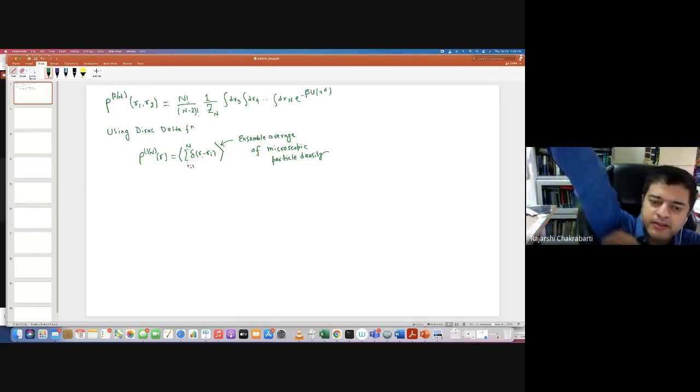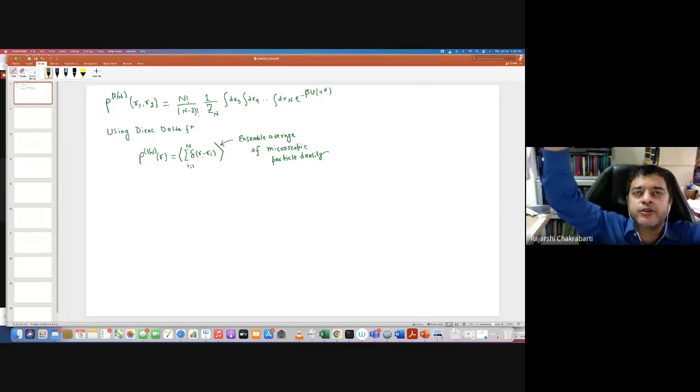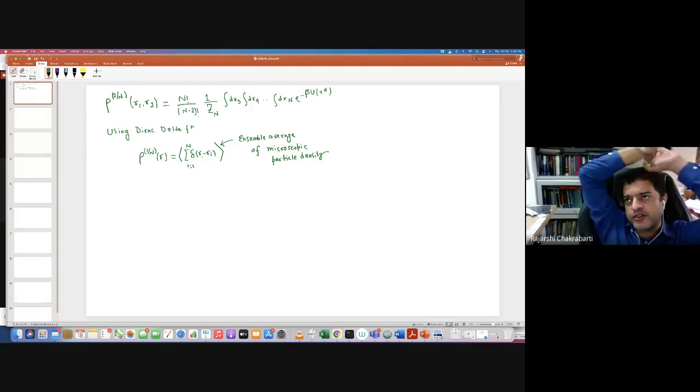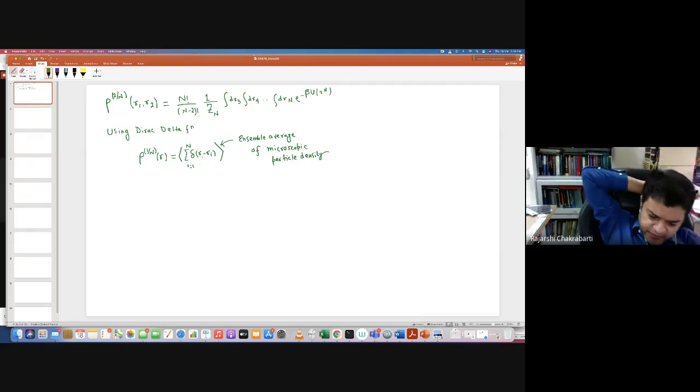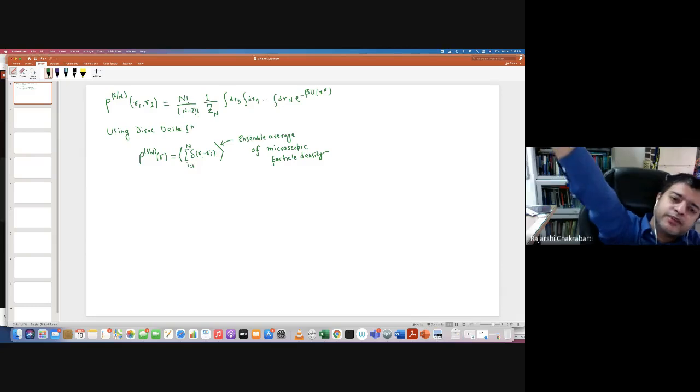I have n number of particles, and I just look at a snapshot. Some particles are somewhere. I ask what is the probability of finding a particle at a distance r radially from the origin. There's a particle at the origin, I sit on that particle, and what is the density at a distance r from that origin? So basically I have to count all the particles that would come there.